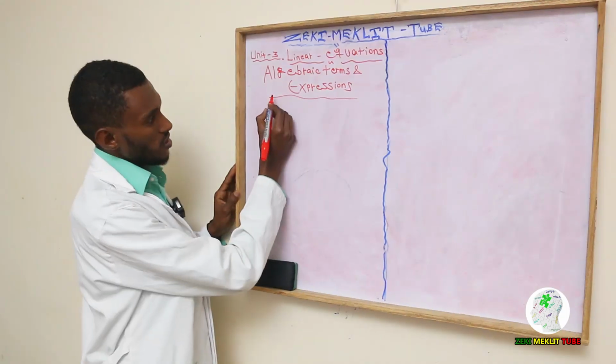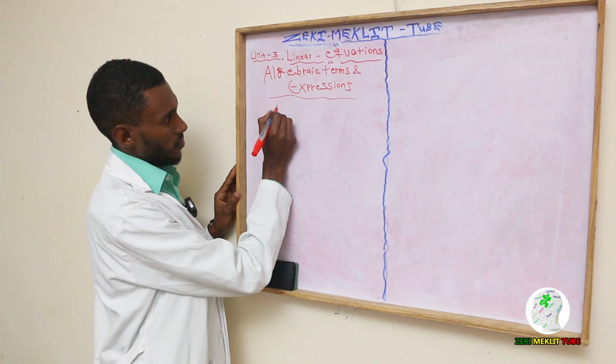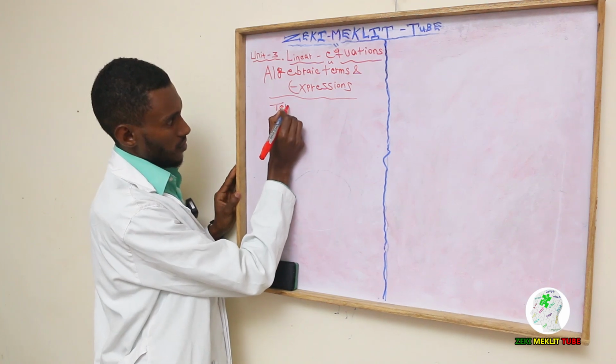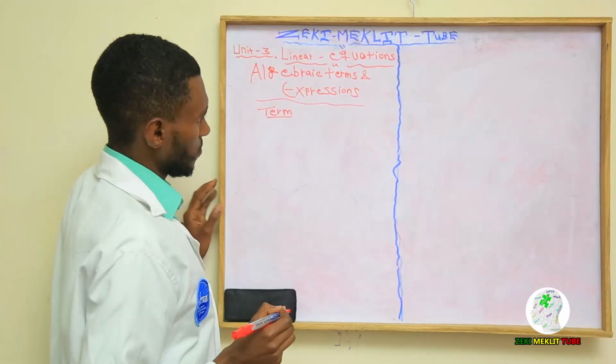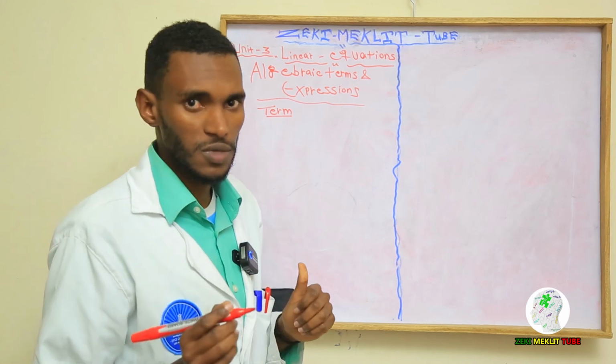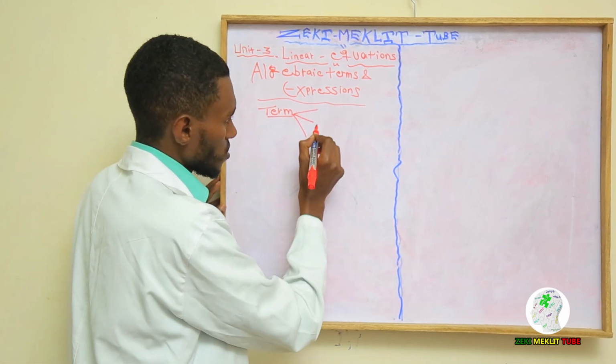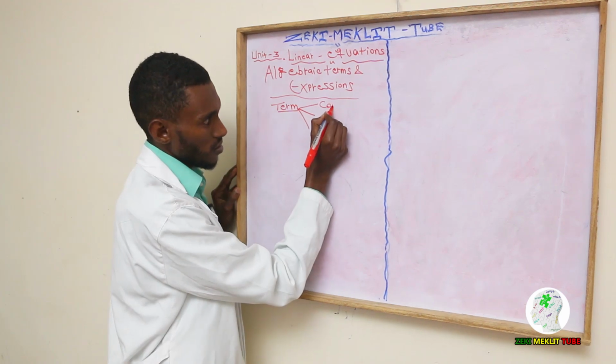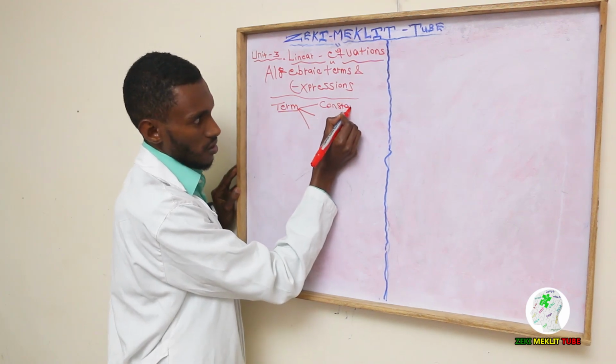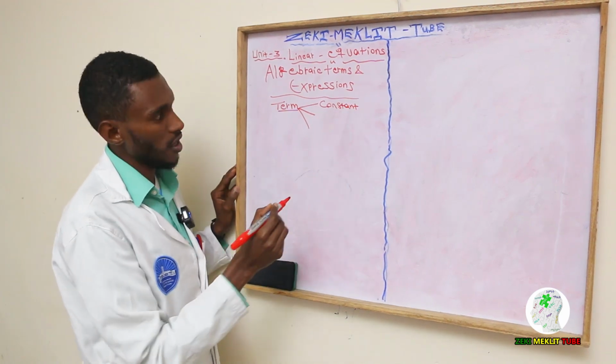So the first one is the term you should know. A term must consist of 3 parts, okay? The first one is constant. Constant means any number.